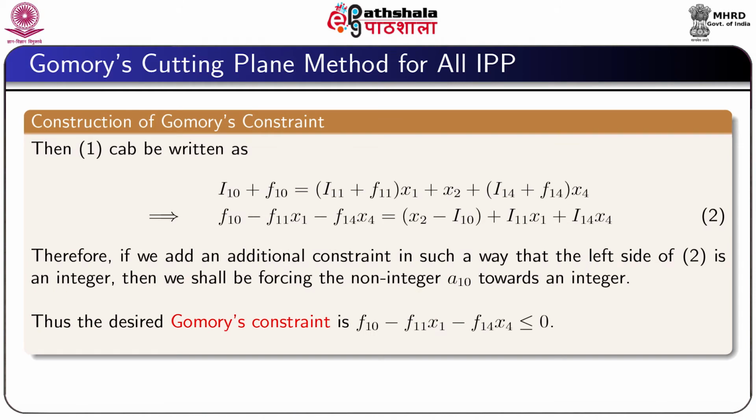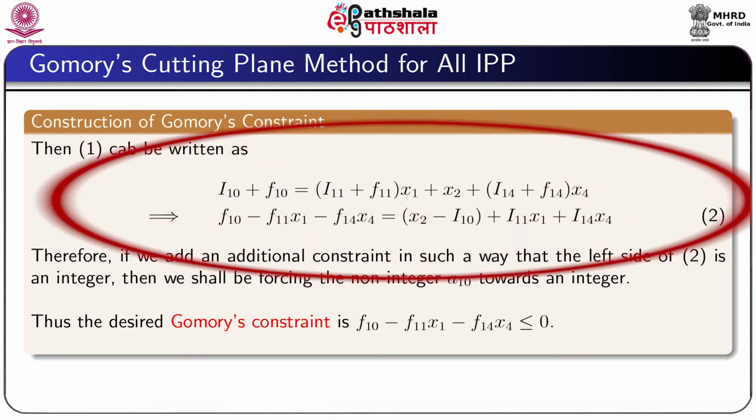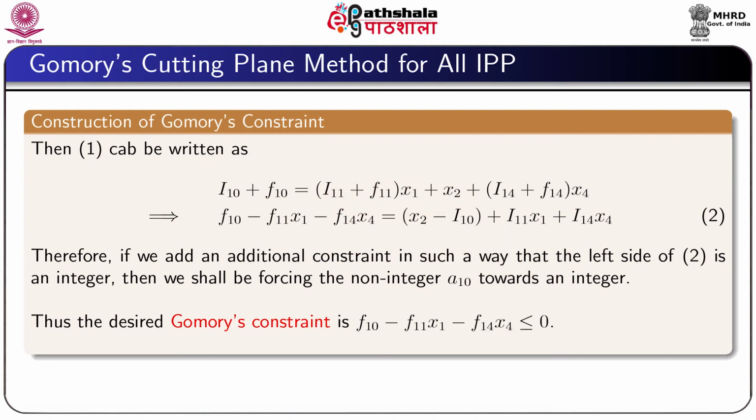Then equation 1 may be written as I10 plus F10 is equal to (I11 plus F11) times x1 plus x2 plus (I14 plus F14) times x4, and this gives (F10 minus F11 x1 minus F14 x4) is equal to x2 minus I10 plus I11 x1 plus I14 x4.